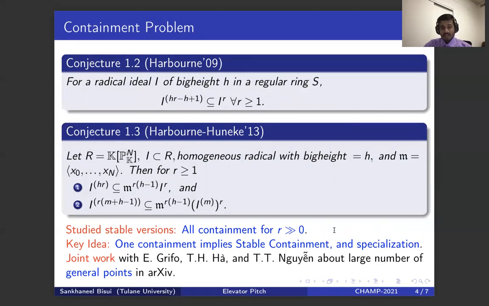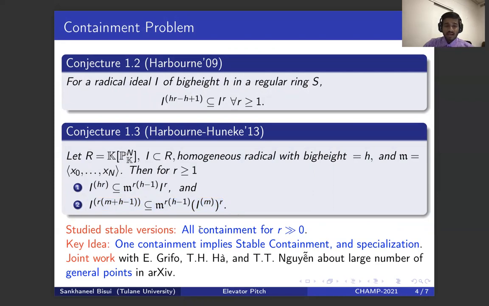Harbourne and Huneke strengthened the containment by applying an appropriate power of the maximal ideal on the right-hand side. Now, the first containment implies Chudnovsky's conjecture and the second containment implies Demailly's conjecture.